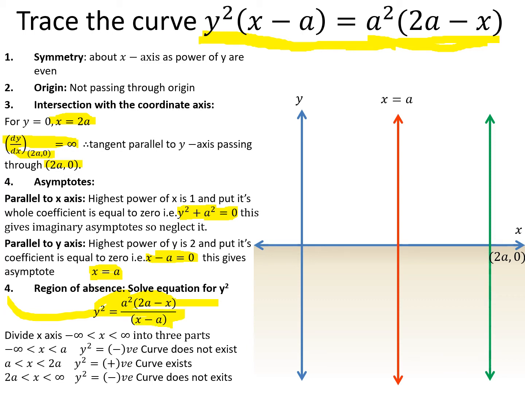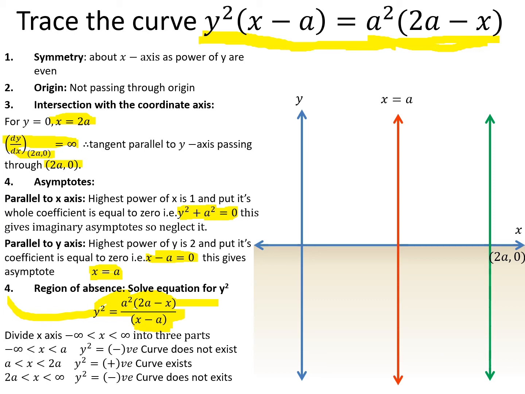Here the x-axis varies from minus infinity to infinity, so we have to break it. How can we break it? We put the numerator and denominator equal to 0. If we put the numerator 2a minus x equal to 0, the first value we get is x is equal to 2a. If we put the denominator equal to 0, we get x is equal to a. So we are getting two values of x, that is a and 2a.